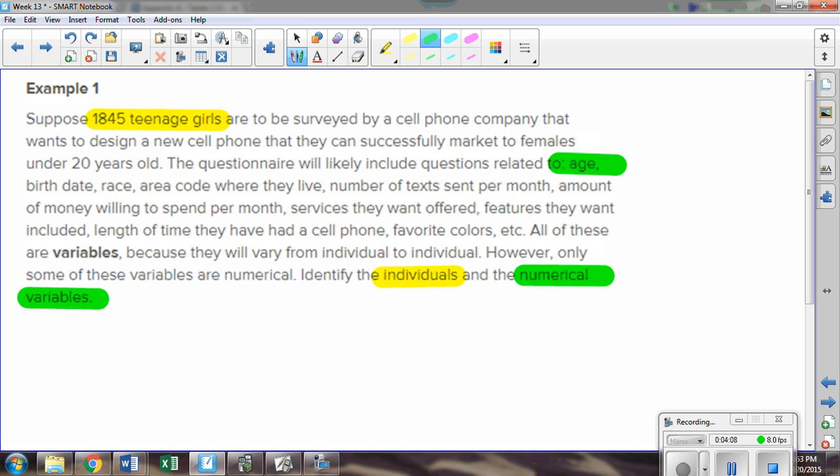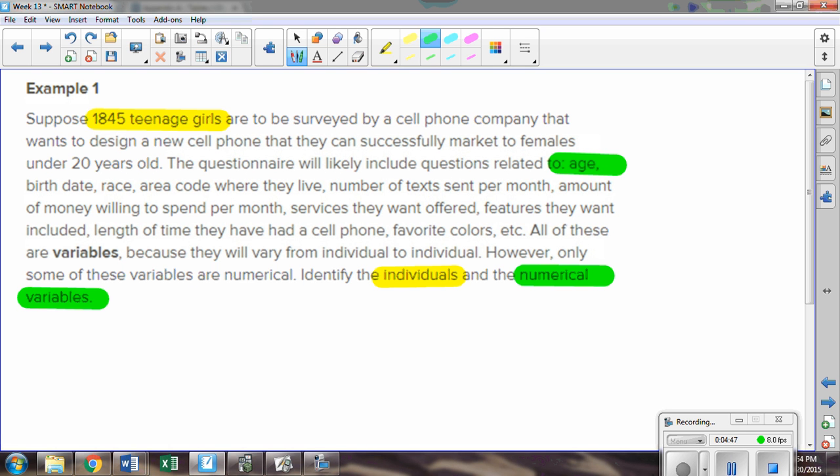Your birth date, the day you were born, is that a number? January 22nd. Is January 22nd a number? 22nd is, but when we start looking at January, it's not. So yes, it's certainly related to age, but when you ask somebody, how old are you? Do you expect a number answer? If you ask somebody, when were you born? Do you expect a number answer? No, you would expect something like January 22nd, 1985.